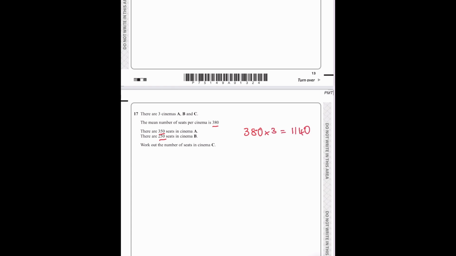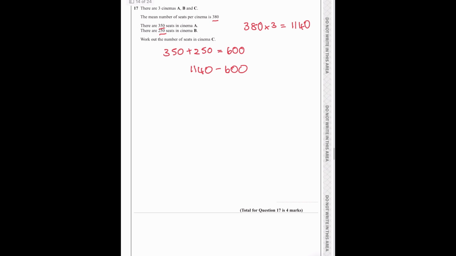We know there are 350 in A and 250 in B. So that gives us a total of 600. So the total number in Cinema C is going to be 1140, take away 600, which gives us the answer of 540.